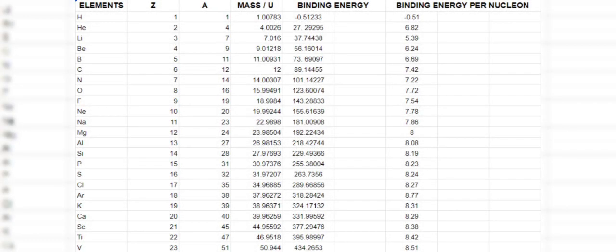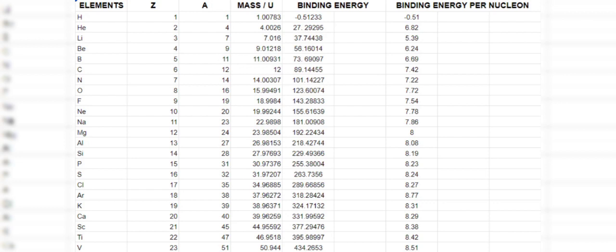As you can see, this is the table of the spreadsheet of the elements, hydrogen up until bismuth. So as you can notice, in the spreadsheet we made, Z, which stands for the atomic number, is increasing.